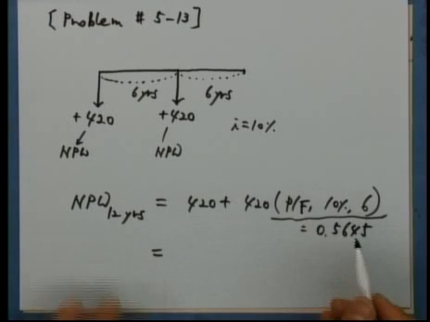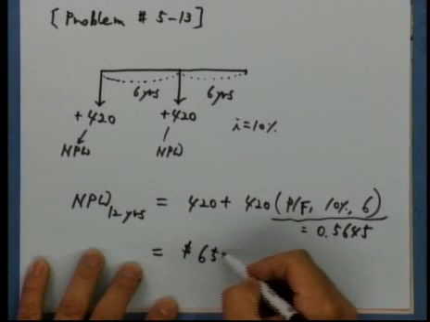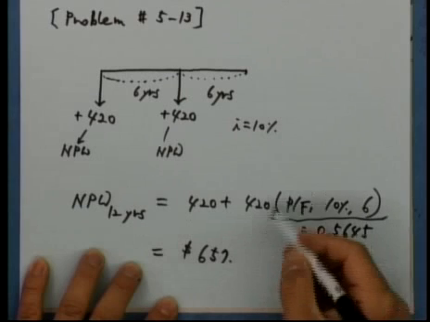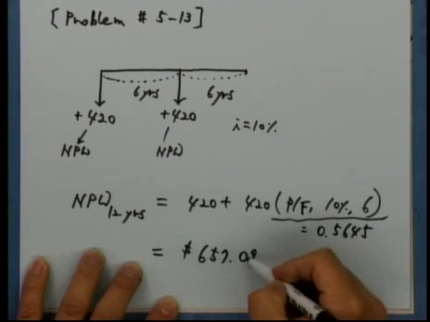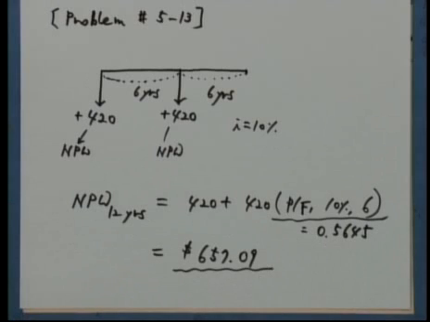Okay, this is going to be $657.09. $657.09. That is the answer for problem number 5-13. Okay.